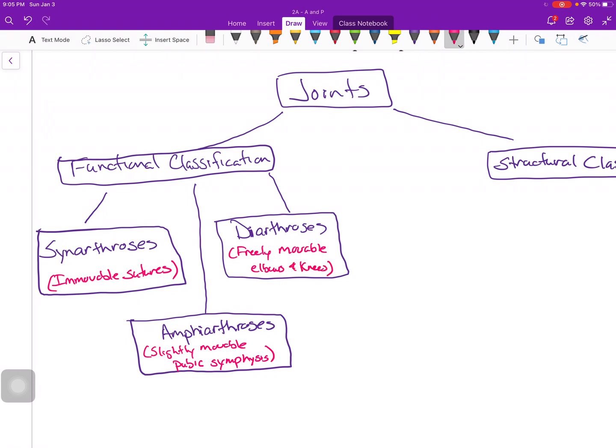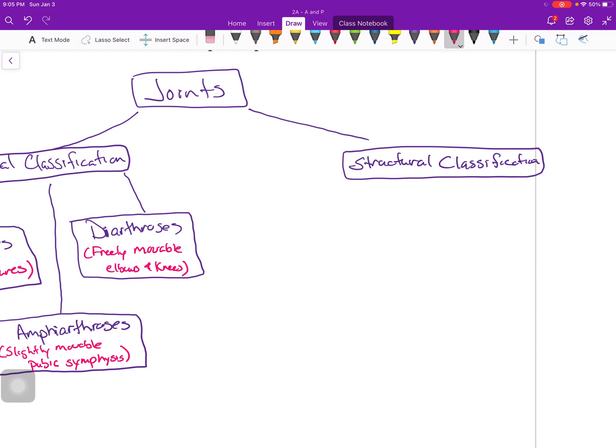Okay, now let's do structural classification. Over here, our first one, we're going to draw down here, is going to be fibrous. An example of this would be your sutures. And then we have the next one. I'm going to do it in this color.